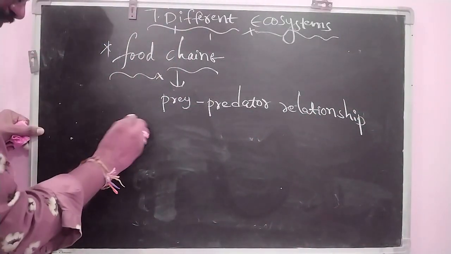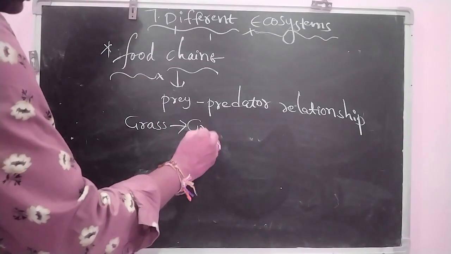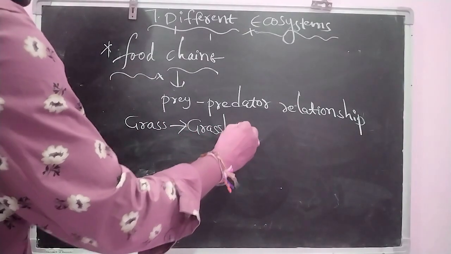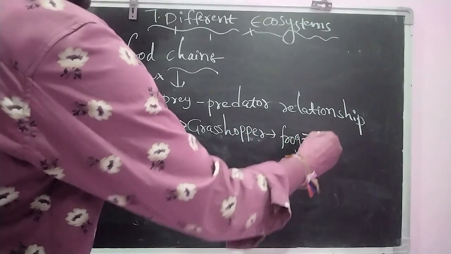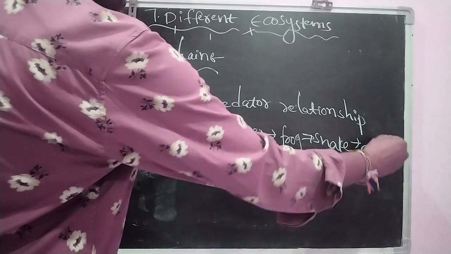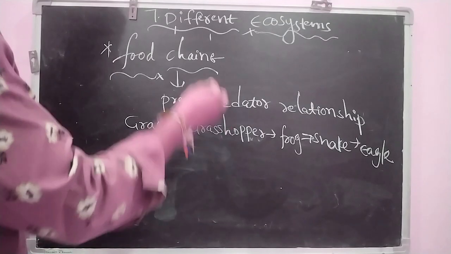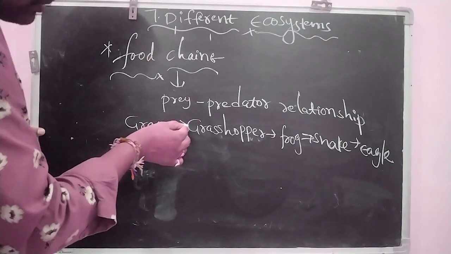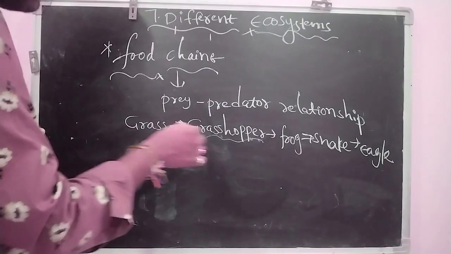For example, grass eaten by grasshopper, eaten by frog, eaten by snake, and snake eaten by eagle. This is called food chain. Okay, prey predator relationship, and the arrow mark has to indicate towards predator. Who is eating? We have to mention the arrow mark towards predator.